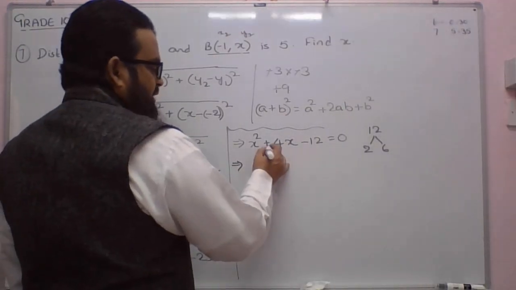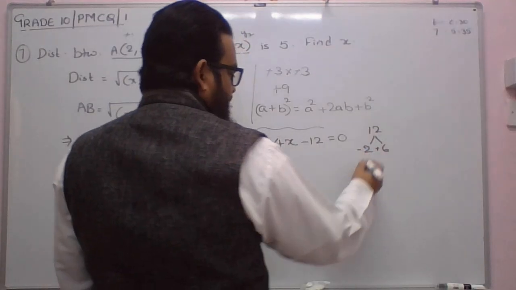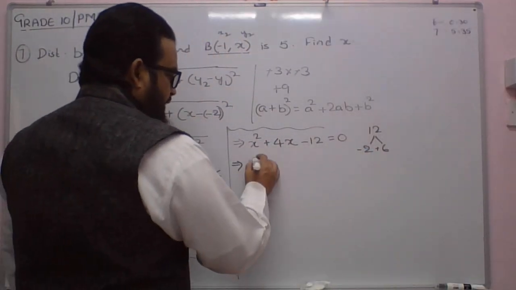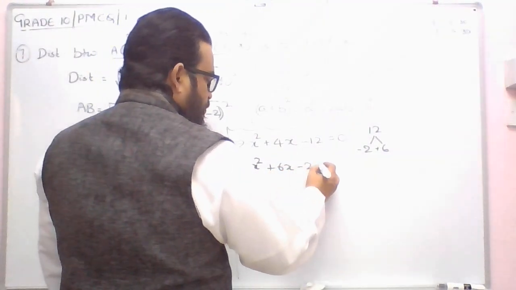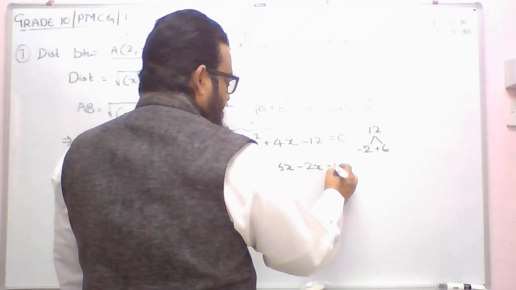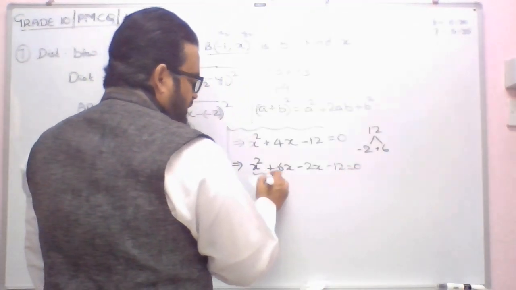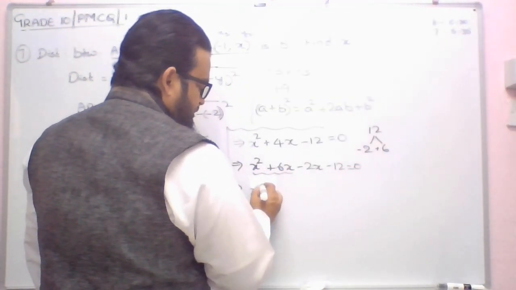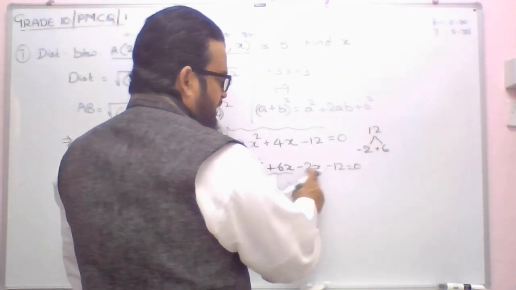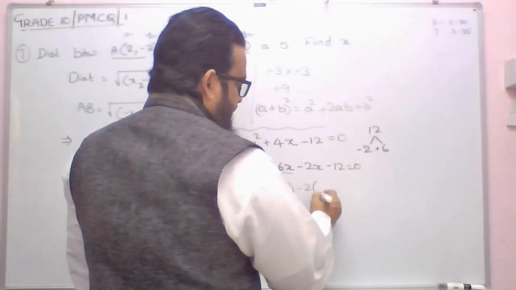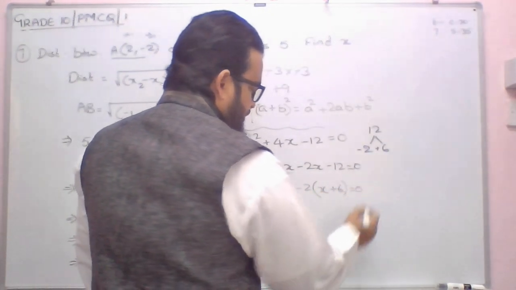Since the middle term has a plus sign, let us take plus to this and minus to this. So x square plus 6x minus 2x minus 12 equals 0. So what is common in the first two terms? X. If I take x out, it is x plus 6, and what is common here? Minus 2 is common. So it is x plus 6.